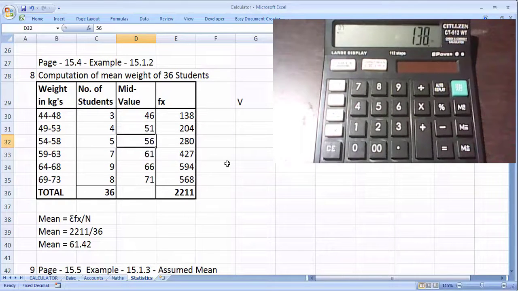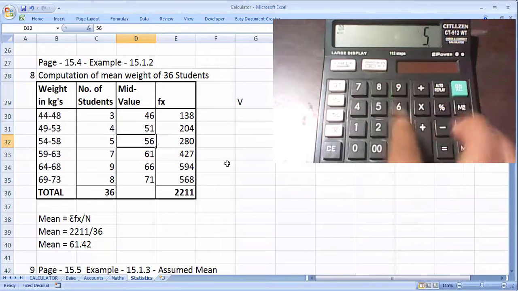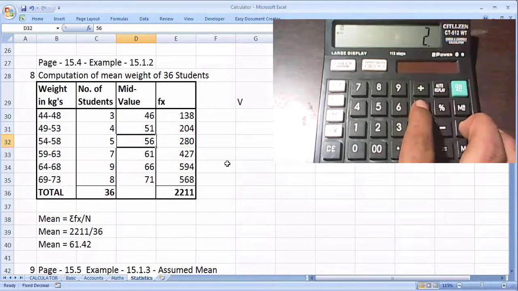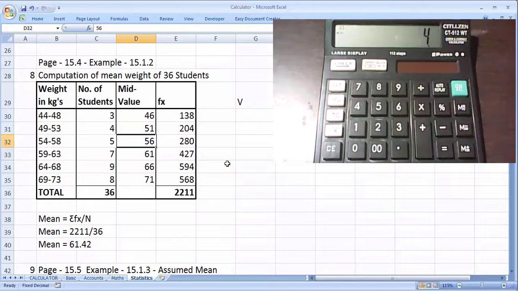Make this M plus, 138. Next, 49 plus 53 divided by 2, which is the midpoint, into 4 number of students plus M plus 204. 54 plus 58 divided by 2 into 5 plus M plus 280.